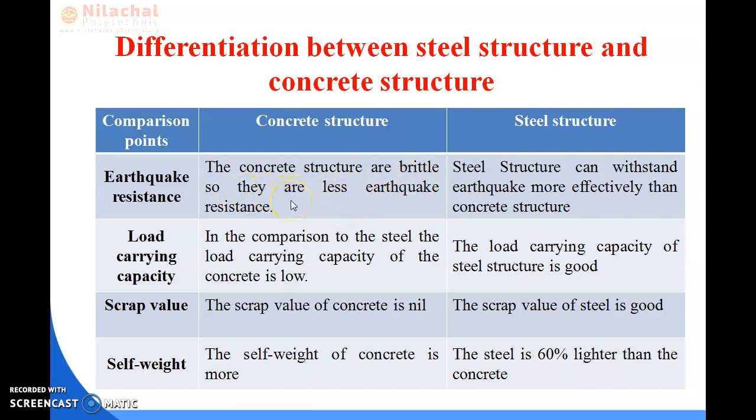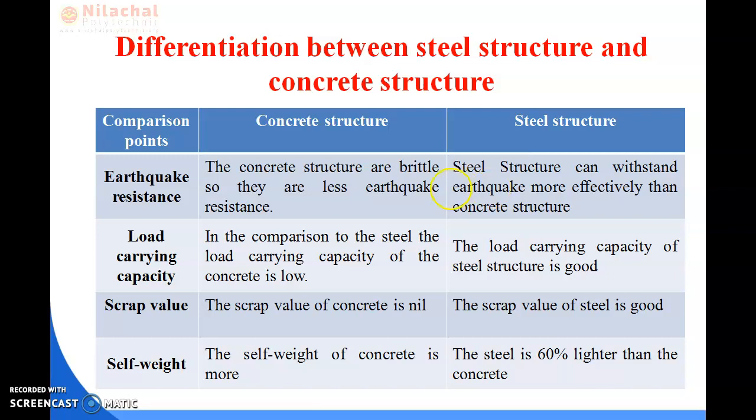We know that concrete is brittle, as it is not deformable during loading for a long duration. But steel can withstand earthquakes more effectively than concrete structure. So it is one advantage of steel structure as compared to concrete.